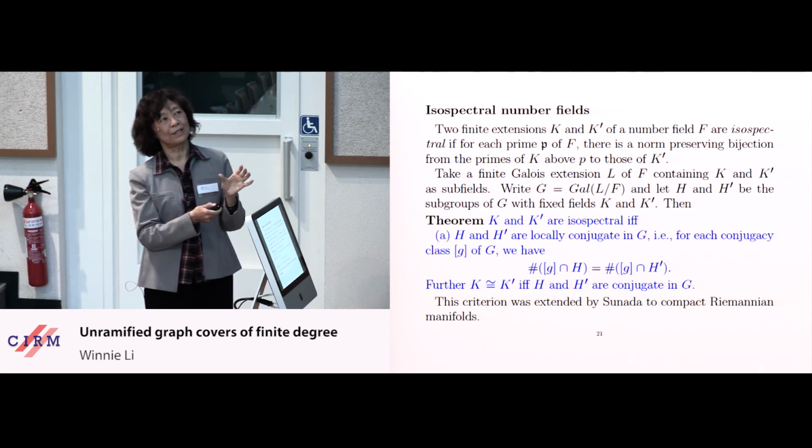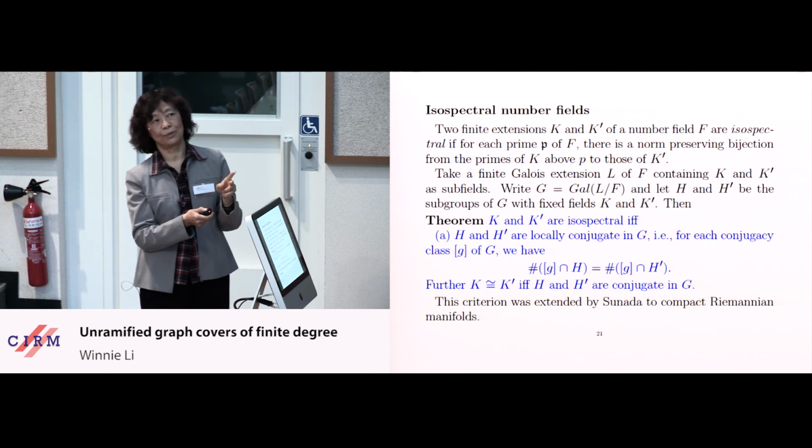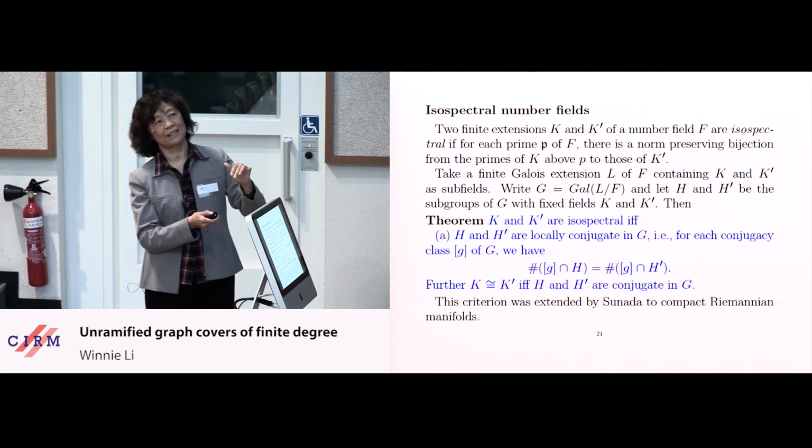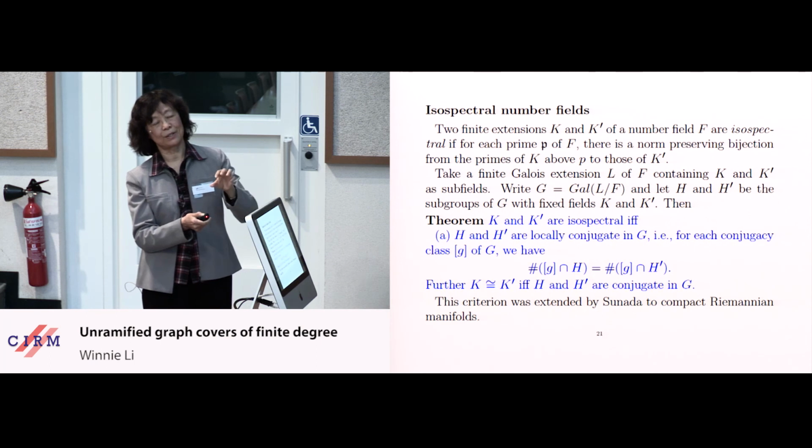The condition is that these 2 groups should be locally conjugate. That means that for each conjugacy class in the big group G, you intersect it with the subgroups H and H prime, and the cardinality should be the same.